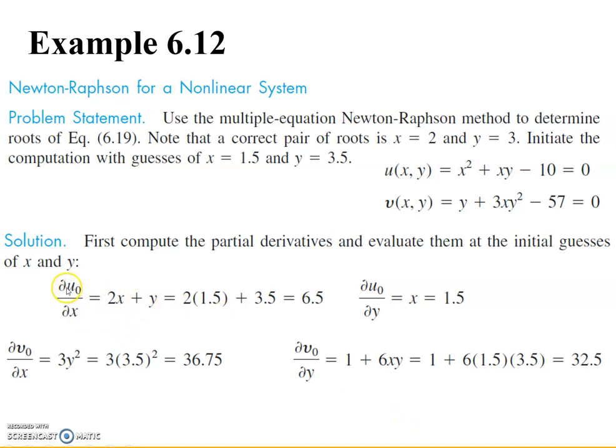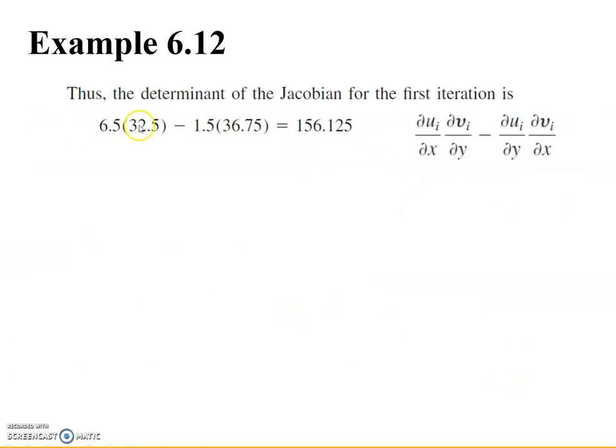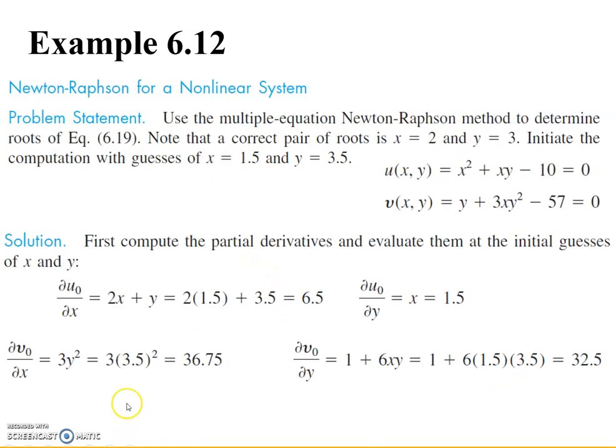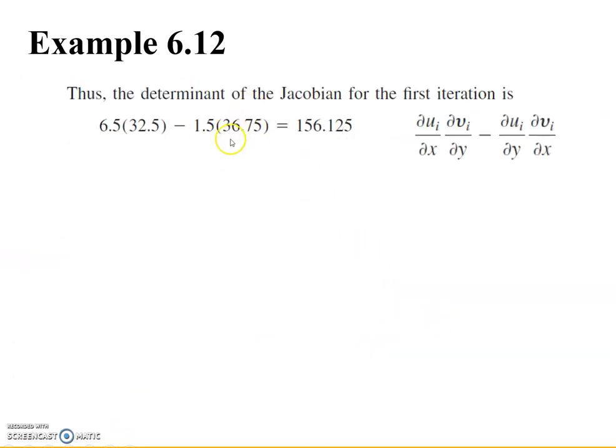The Jacobian will be partial u over partial x multiplied by partial v over partial y, minus partial v over partial x multiplied by partial u over partial y. So it will be 6.5 times 32.5, minus 36.75 into 1.5, so it will be 156.25.